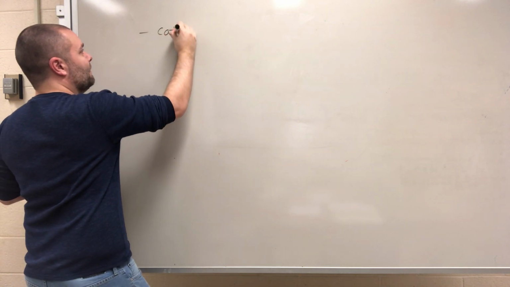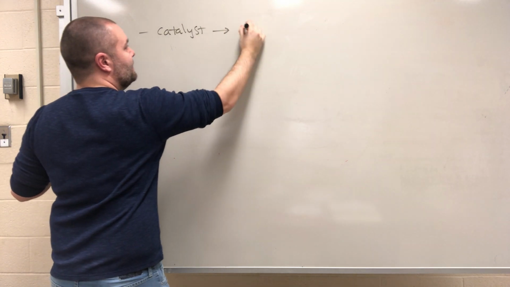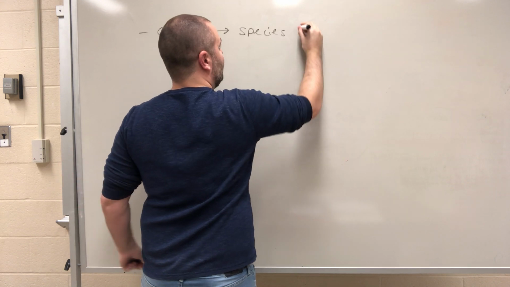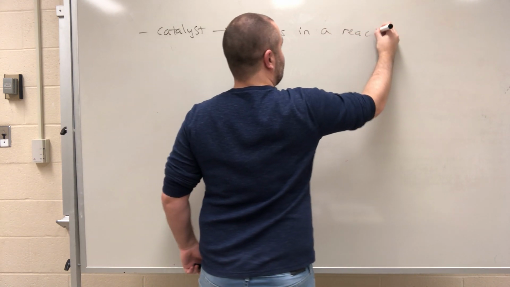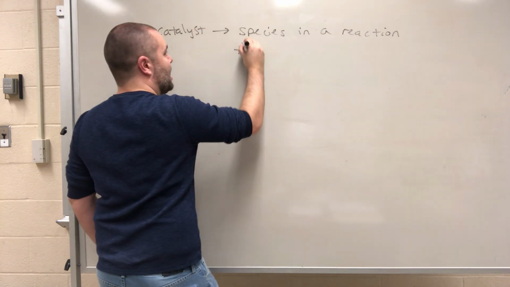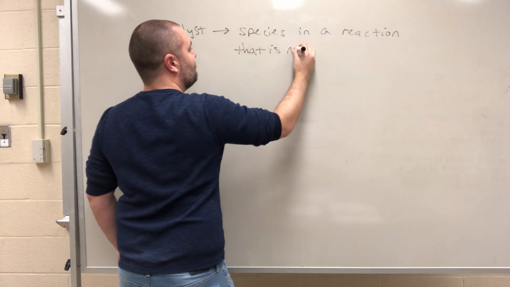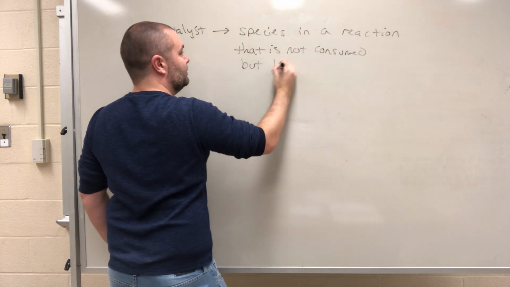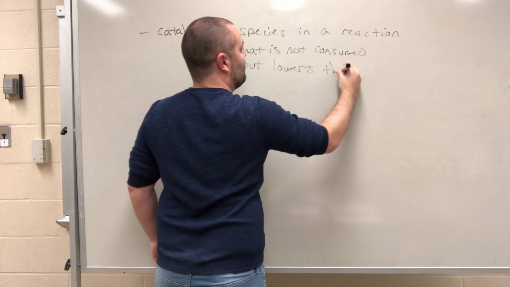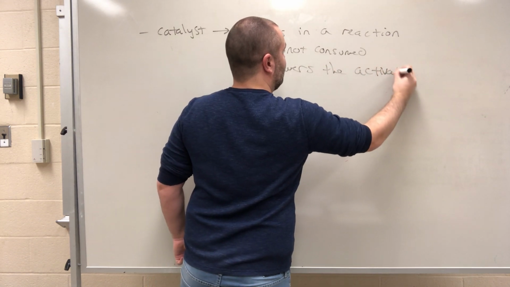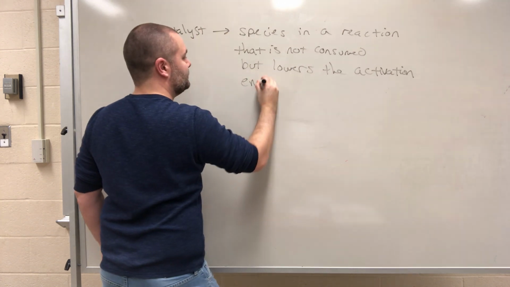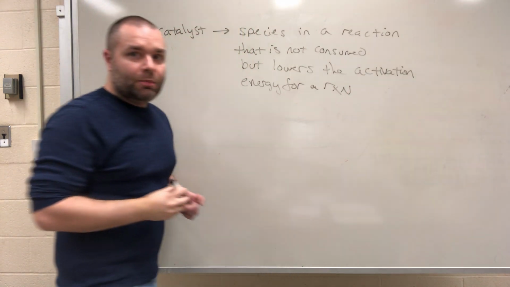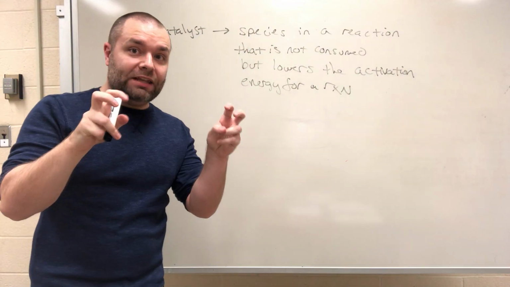So a catalyst is a species in a reaction that is not consumed but lowers the activation energy for a reaction. The purpose of the catalyst is to lower the activation energy.